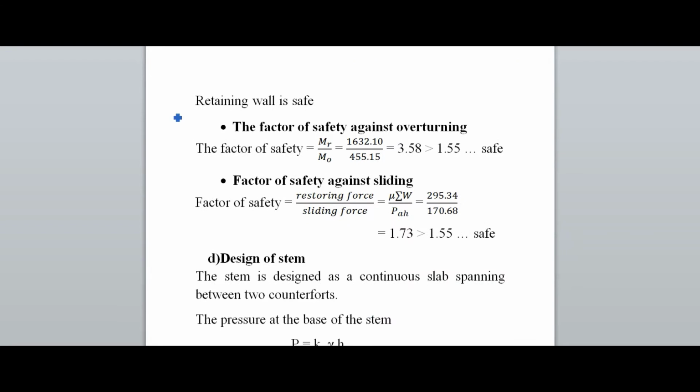Now we have to find two more: factor of safety against overturning and factor of safety against sliding. For the factor of safety against overturning, MR divided by MO, this value is more than 1.5, that means our retaining wall is safe against overturning. And factor of safety against sliding means restoring force divided by sliding force. This value is more than 1.55, thus the retaining wall is safe against sliding.